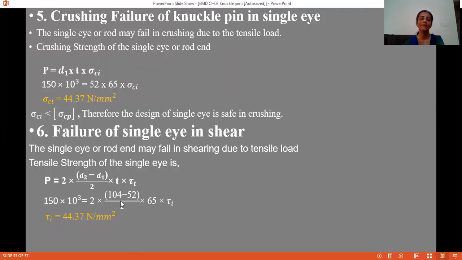Substituting all the values of P, d2, d1 and T, we have calculated that shear stress induced is 44.37 Newton per mm square, which is less than permissible. Therefore, single eye is safe in shear.